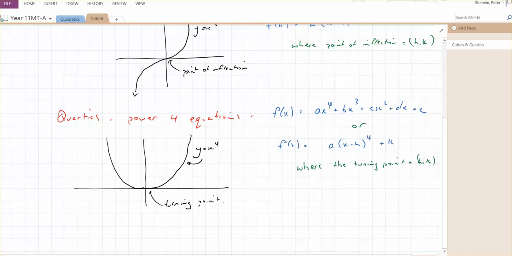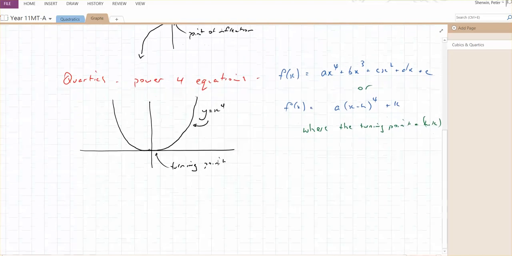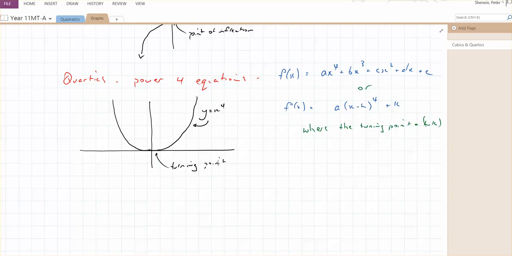Okay, so they're the basics. What we will look at is just a couple of transformations on that. So we'll just have a look at a couple of examples.